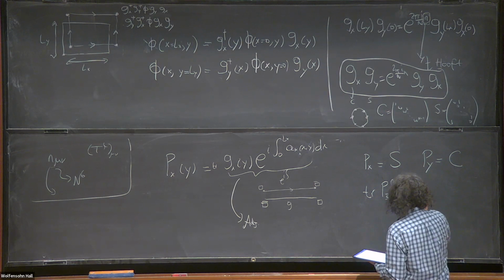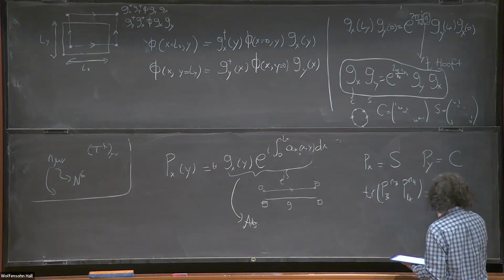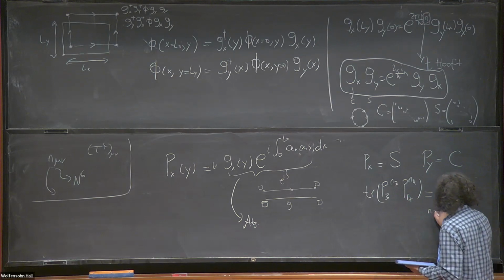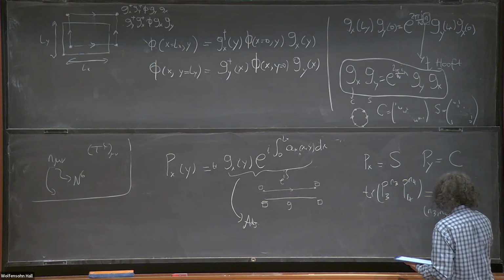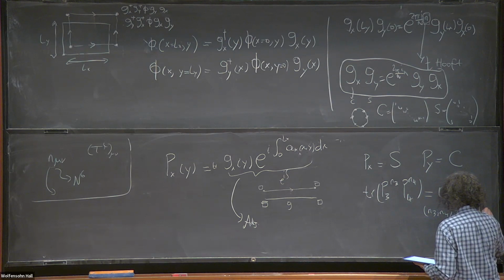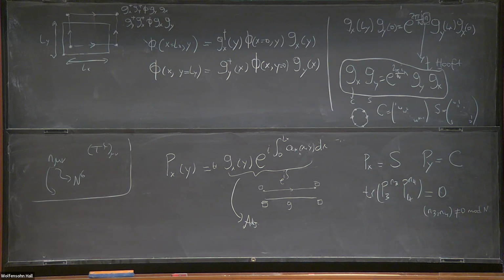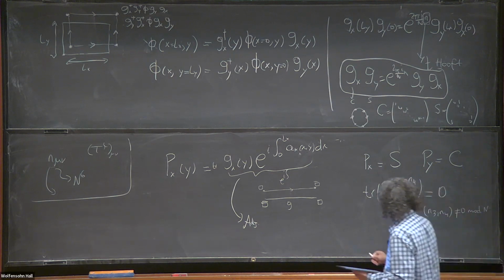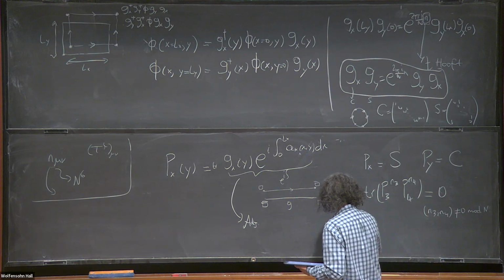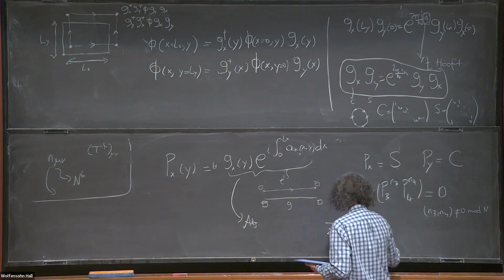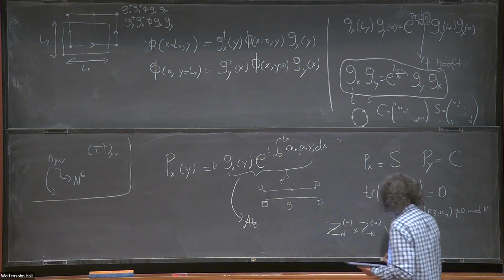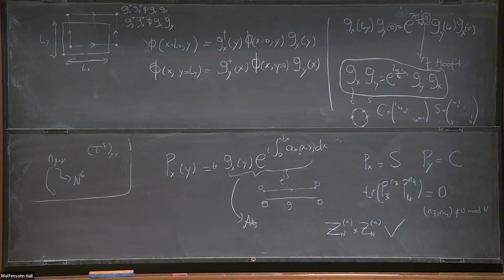And this is equal to 0 as long as n_3, n_4 are not equal to 0 mod N. That means that with the insertion of these 't Hooft fluxes, you can preserve the Z_N times Z_N part of the center symmetry. You can keep intact the symmetry that was broken in the absence of the flux.